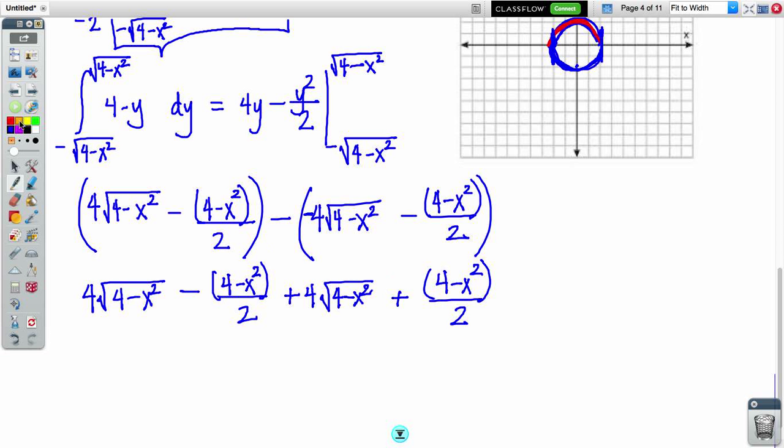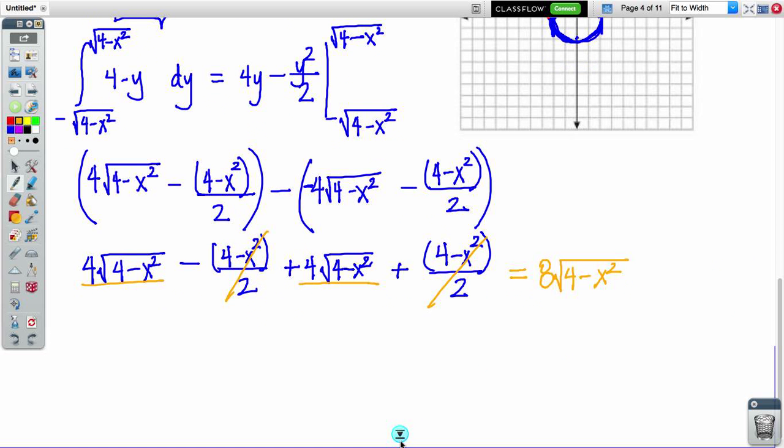Now this is nice because these two cancel out. I had the negative component here and the positive component, those two cancel out, which leaves me with 2 identical terms added together, so 8 times the square root of 4 minus x squared. And that becomes my new integrand.